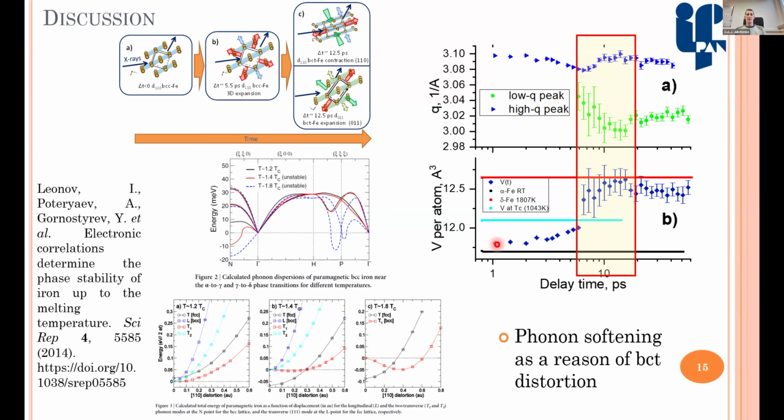Here on this graph, we can see experimental results and values of volume for cold iron, for iron at Curie temperature, and near the melting point. And if we measure earlier, the low Q peak appears after melting, which means that the average temperature of the layer is near the melting point.